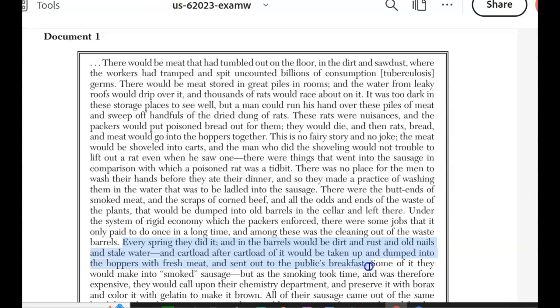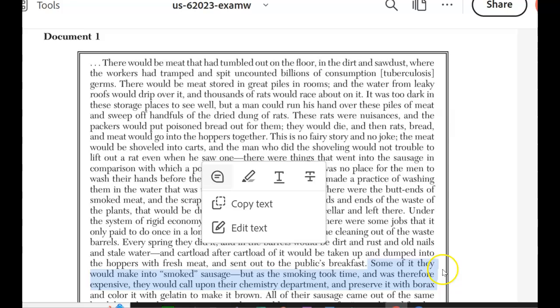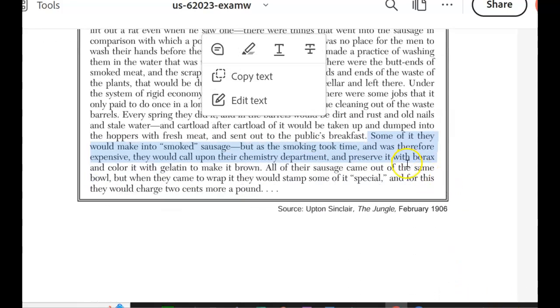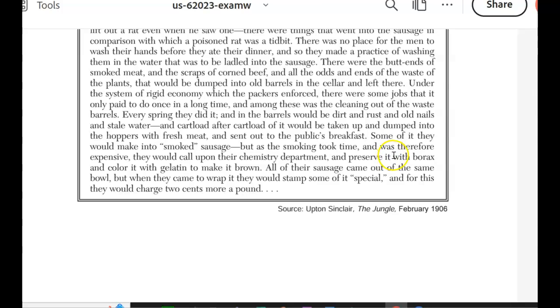to the public's breakfast. Some of it they would make into smoked sausage, but as the smoking took time and was therefore expensive, they would call upon their chemistry department and preserve it with borax and color it with gelatin to make it brown. So again, you guys might not be familiar with borax.